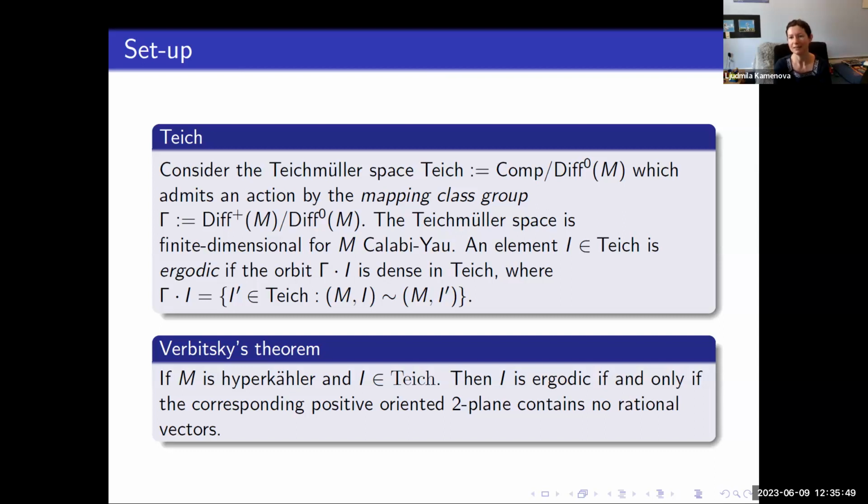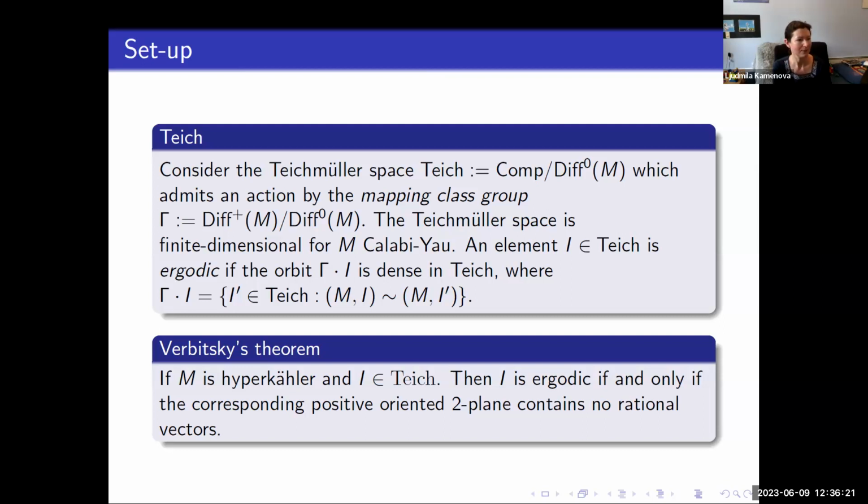They span H20 plus H02. So you can think of it as a two-plane inside of the cohomology H2. And actually you can define it over the real numbers as well, if you take the direct sum H20 plus H02.